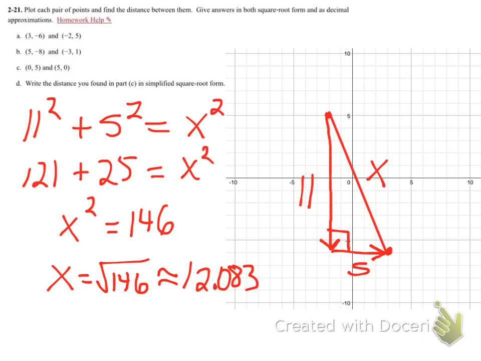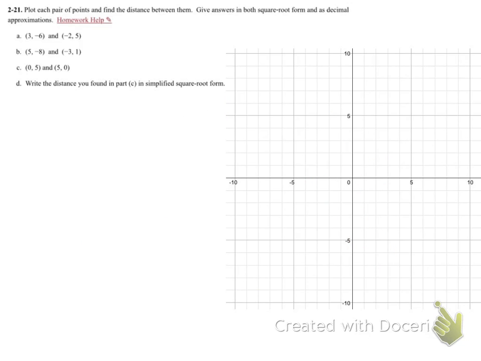Problem B, I'm going to do very similar to that. And I'm going to show one other thing as well with this problem. So if I have a coordinate point at (5, -8) and at (-3, 1), again I'm going to draw the line between them. Now I could do this without even having a graph, because the distance that I'm going from that point down is the same as the distance between 1 and -8.